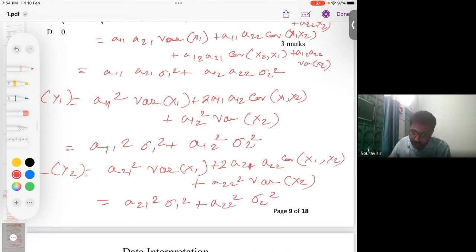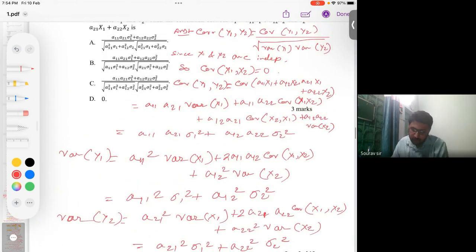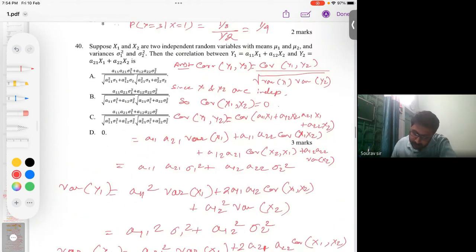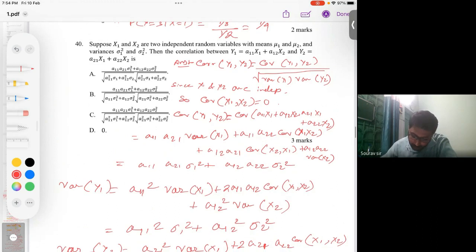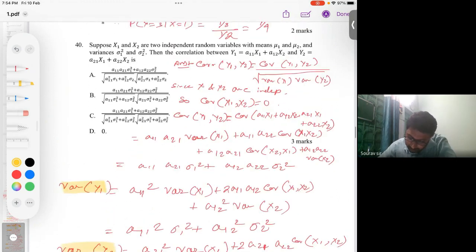So the answer will be option C. They have asked for the correlation between these two equations, so we have to find the relationship. Here we have already found the variance of Y1, the variance of Y2, and the covariance of Y1, Y2.